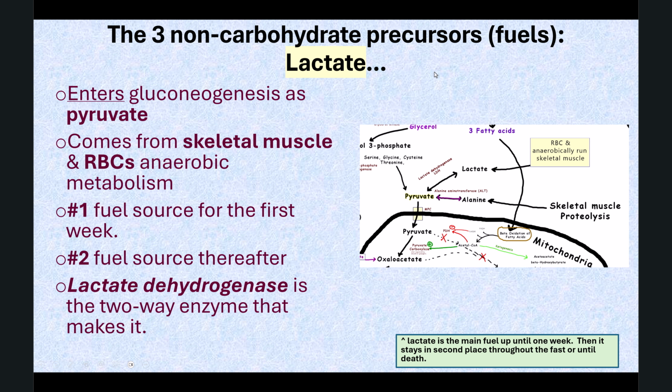So what else do we need to know about lactate? It enters gluconeogenesis as pyruvate. It comes from skeletal muscle and red blood cell anaerobic metabolism. It's the number 1 fuel source for the first week. It becomes the number 2 fuel source thereafter. So until you either get food for your fast or you die from your fast, it'll always be the number 2 fuel for gluconeogenesis.